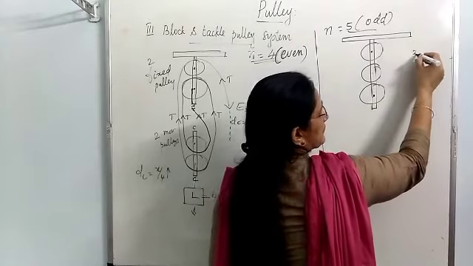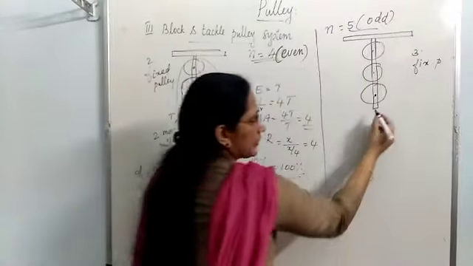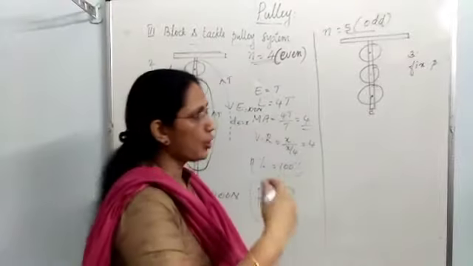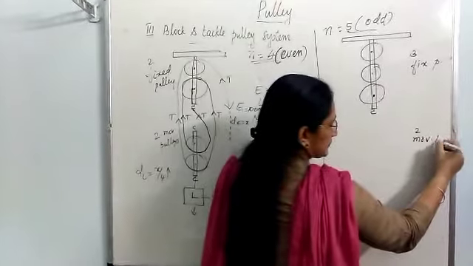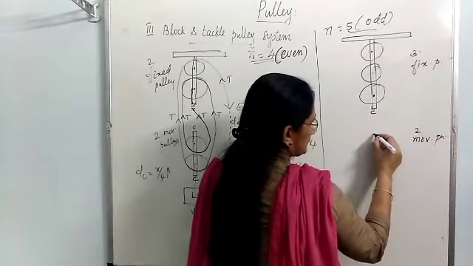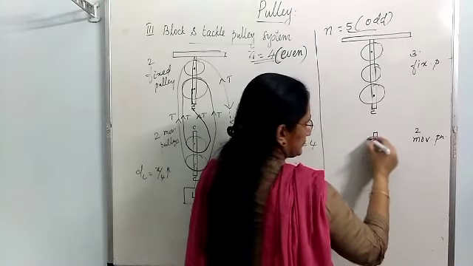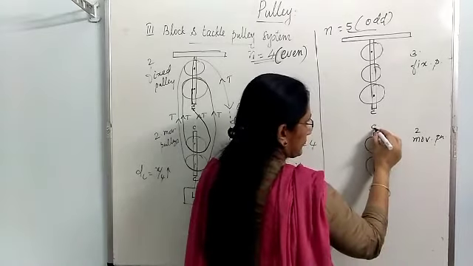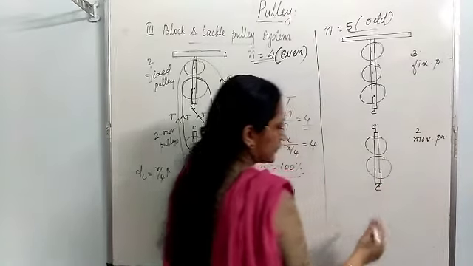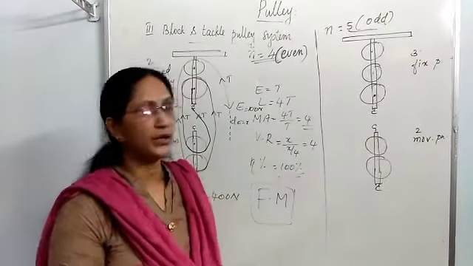Three pulleys, they are fixed pulleys. Okay, and hook here. Then lower block, 2 movable pulleys will be there. Hooks as usual. So total 5 pulleys, 3 in the upper block, 2 in the lower block.